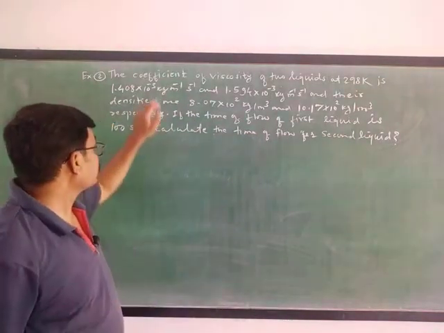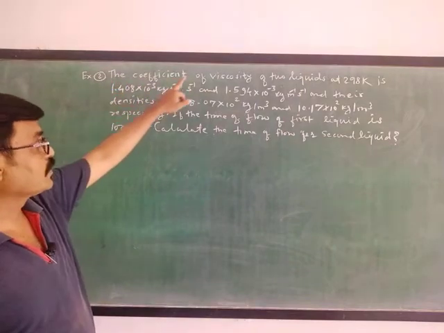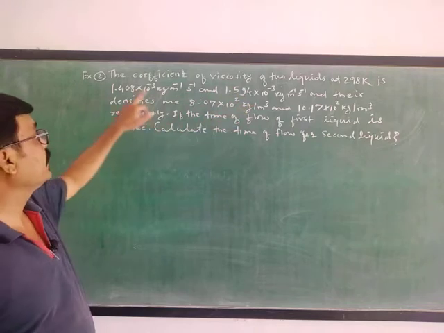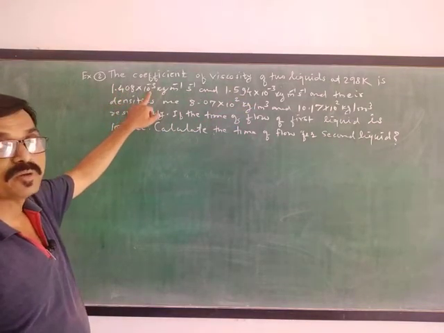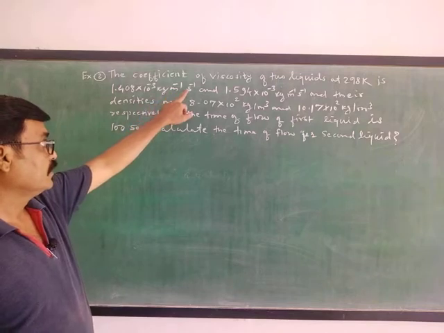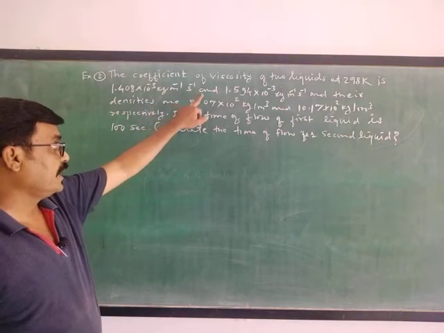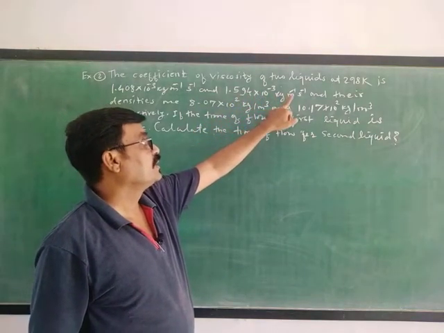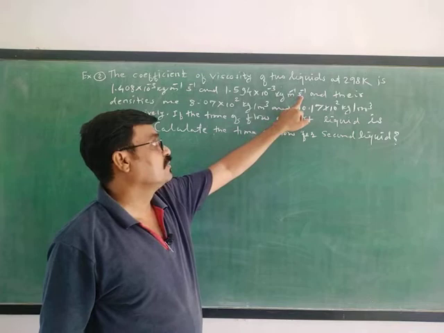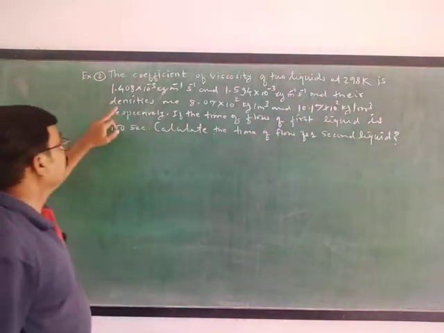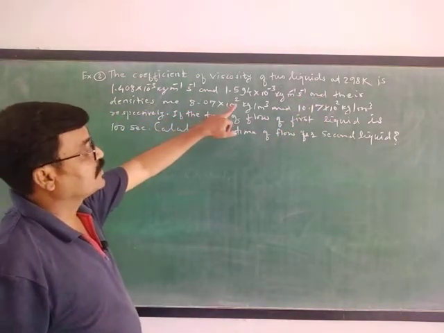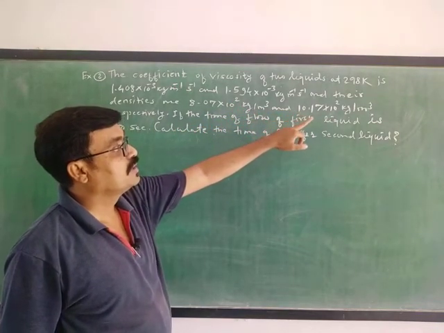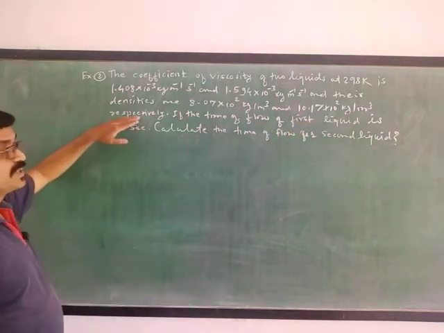Now see the second example. The coefficient of viscosity of two liquids at 298 Kelvin is 1.40 into 10 raised to power minus 3 kg per meter second inverse and 1.594 into 10 raised to power minus 3 kg meter raised to minus 1 second inverse, and their densities are 8.07 into 10 raised to power 2 kg per meter cube and 10.17 into 10 raised to power 2 kg per meter cube respectively.